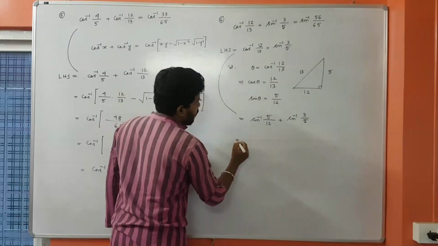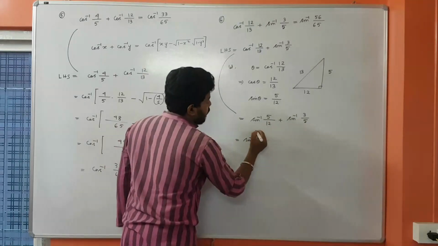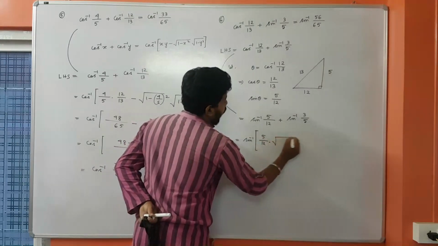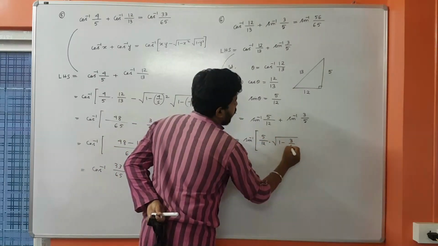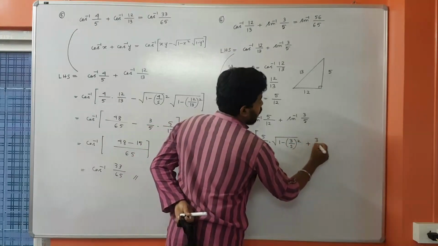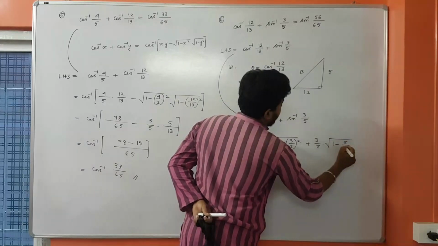Now, apply sin inverse x plus sin inverse y is equal to sin inverse of x into square root of 1 minus y square plus y into square root of 1 minus x square.